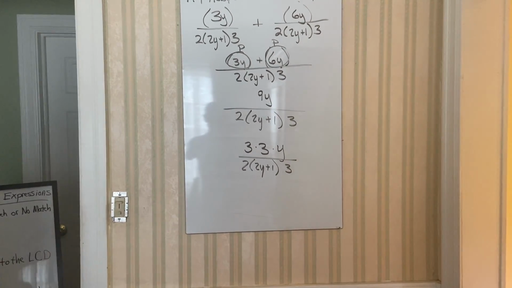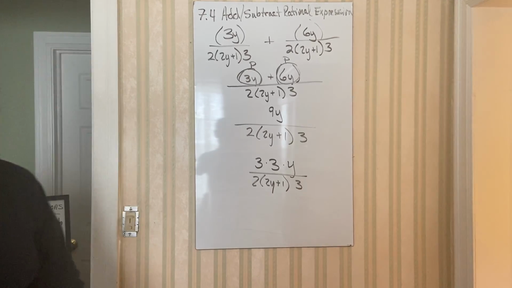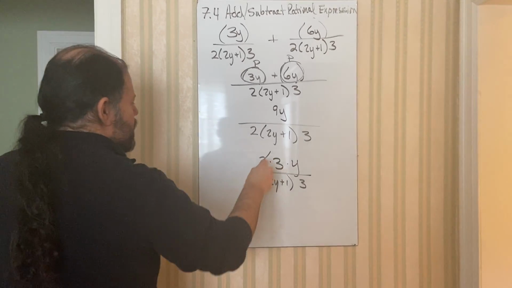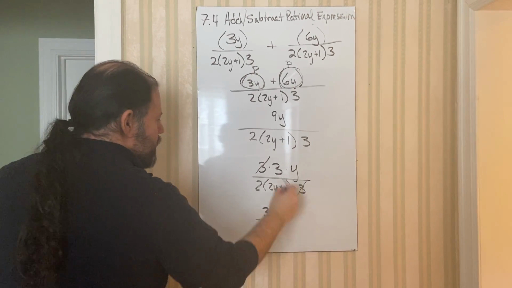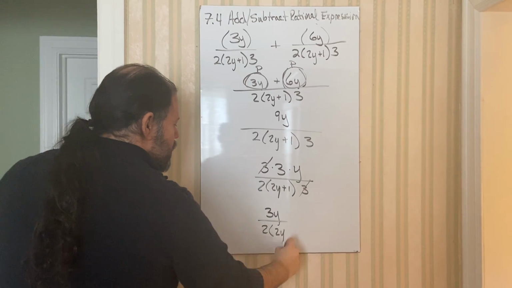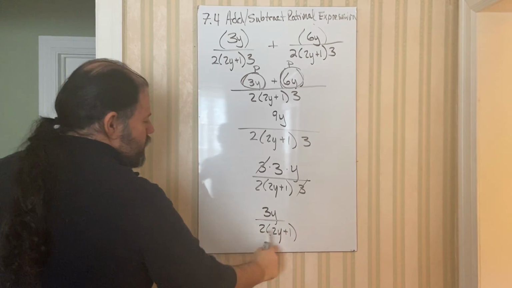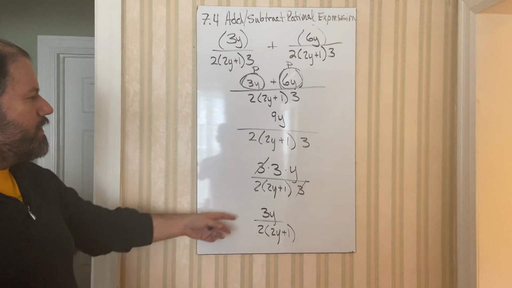So notice we have monomial 3 on top, monomial 3 at the bottom. Okay, so this and this cancels out. So our final answer is going to be the 3y, which is left over, and this, which is left over. If you wanted to distribute this out, you can, but I just leave it like this. This is fine. So this would be your answer.